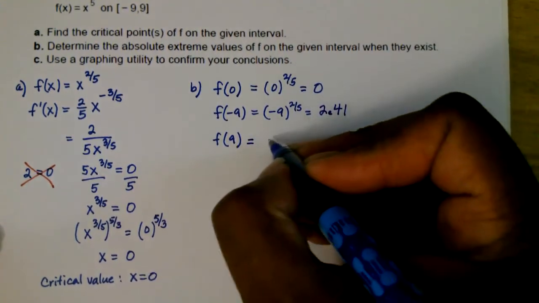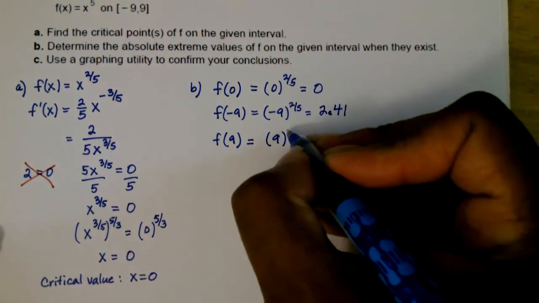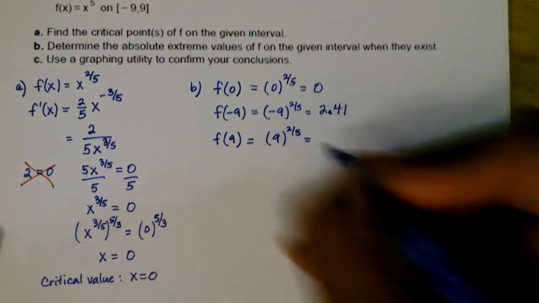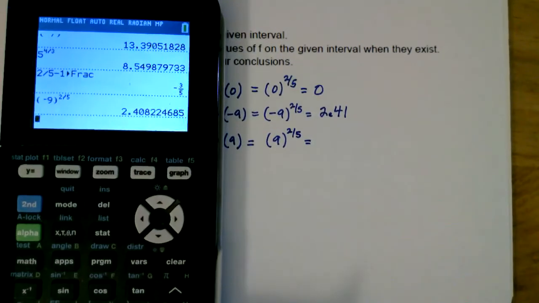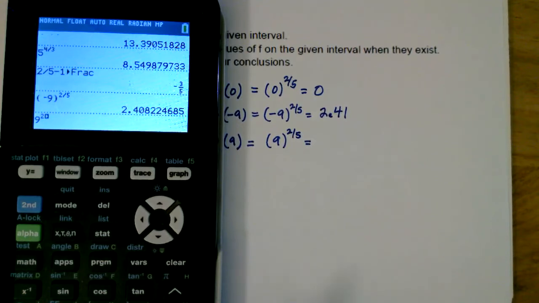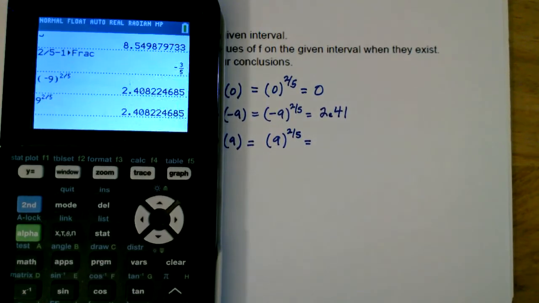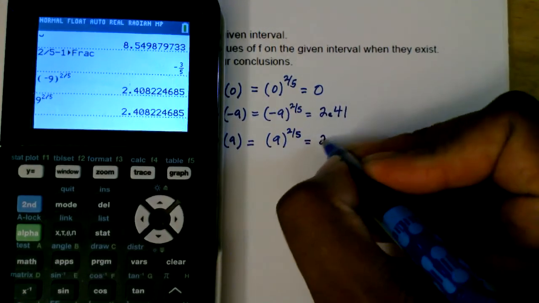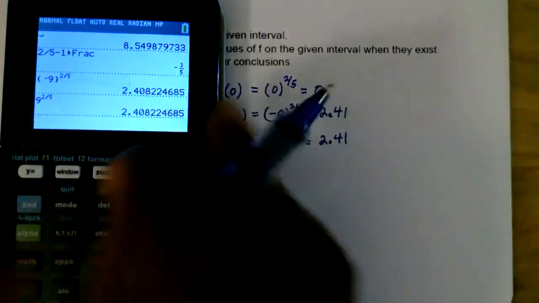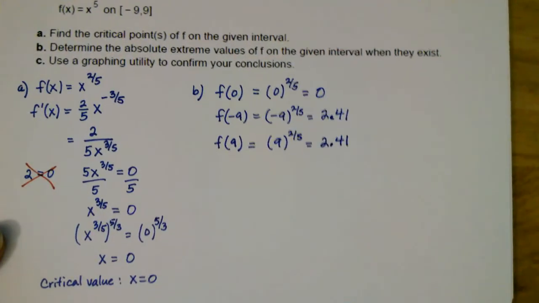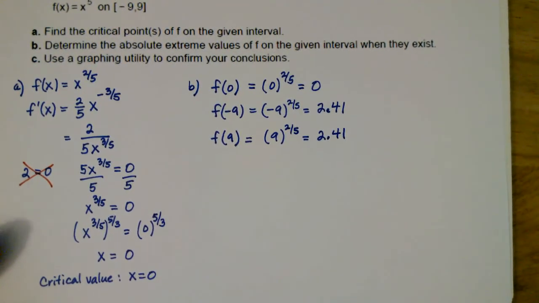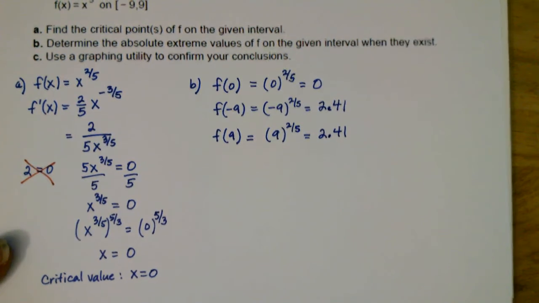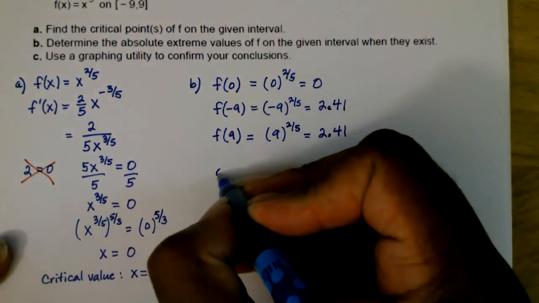And then for f of 9, that's going to be 9 to the 2/5. So 9, hat key, 2 divided by 5. That's also 2.41 as well. So as you can see here, at x equals 9 and x equals -9, I have an absolute maximum.